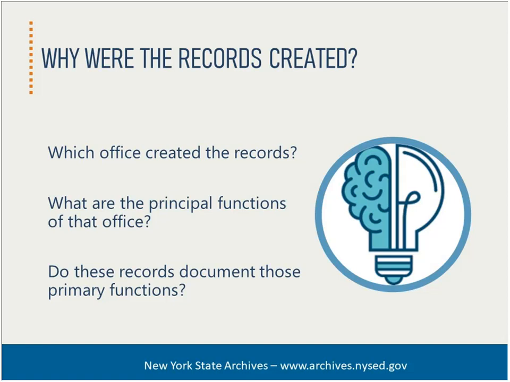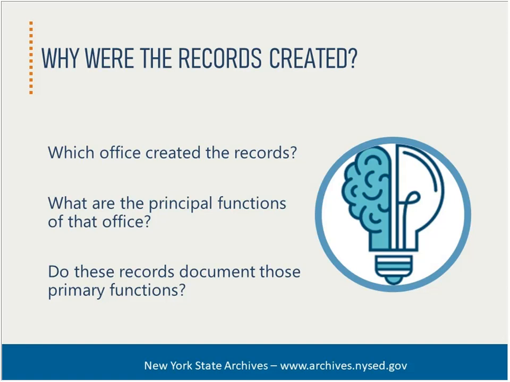Each department or entity has one or more specific functions which it has responsibility for carrying out. The key question is, do the records being appraised document those primary functions? Once you understand the function of the creating office, you need to decide whether or not the records in question document those key functions. For example, if the materials were created by a fiscal office, you may determine that the principal activities are to prepare and recommend an annual budget, maintain fiscal and banking records, and report annually on fiscal activities.